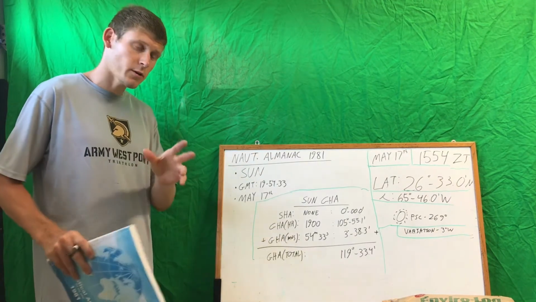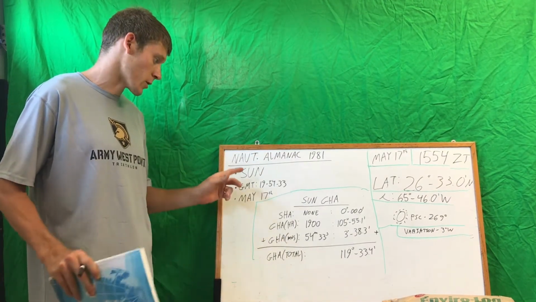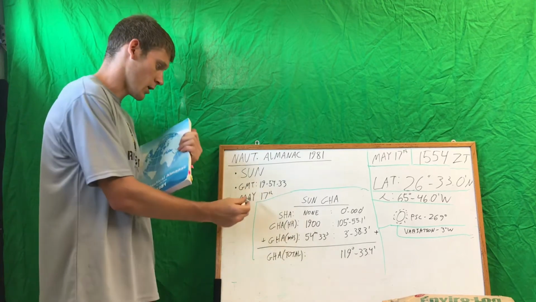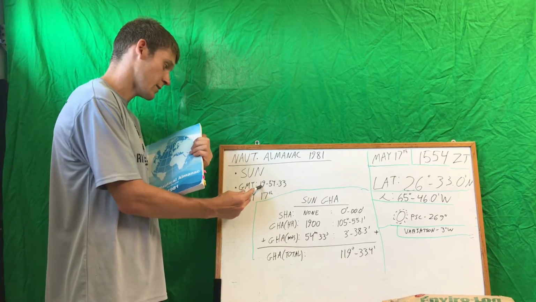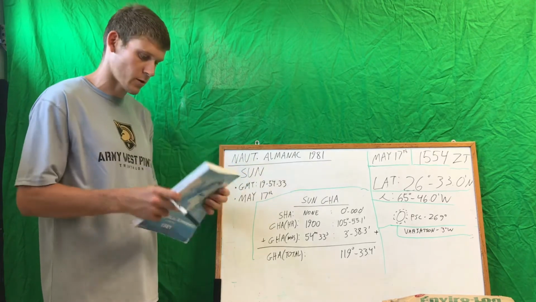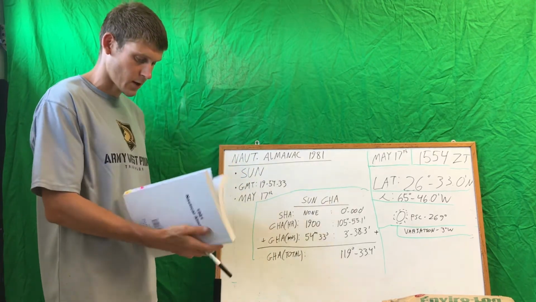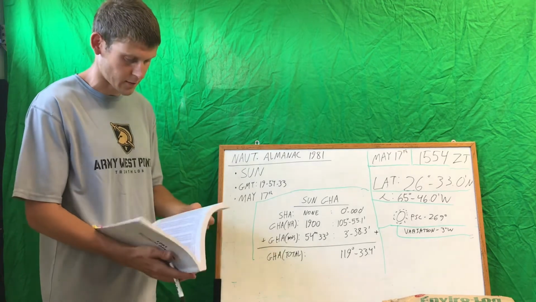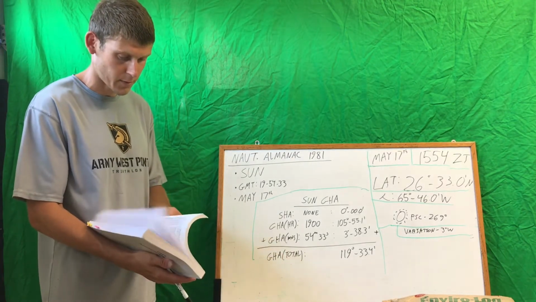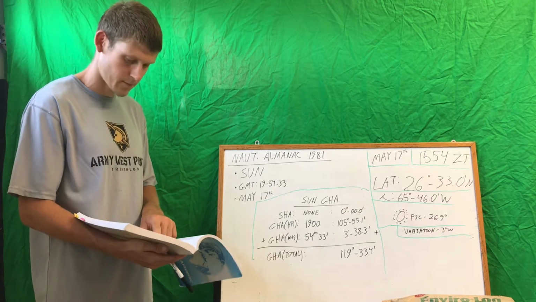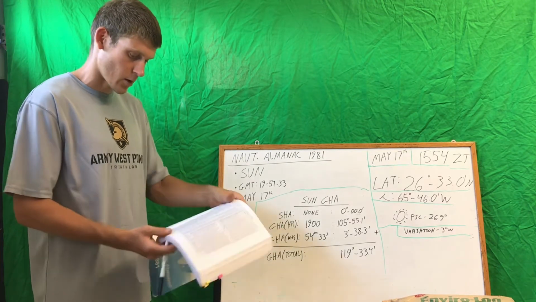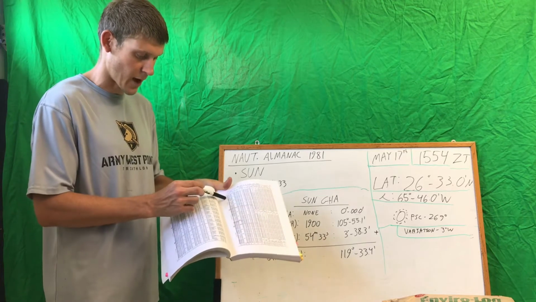So what you're going to want to do is go into your Nautical Almanac on May 17th and find the hours of 1900. You take your Nautical Almanac, you open it up, and it's organized by the date, so it's very easy to find. So you'll flip open to May 17th, 1981, and then it's going to have this list of hours that go down.